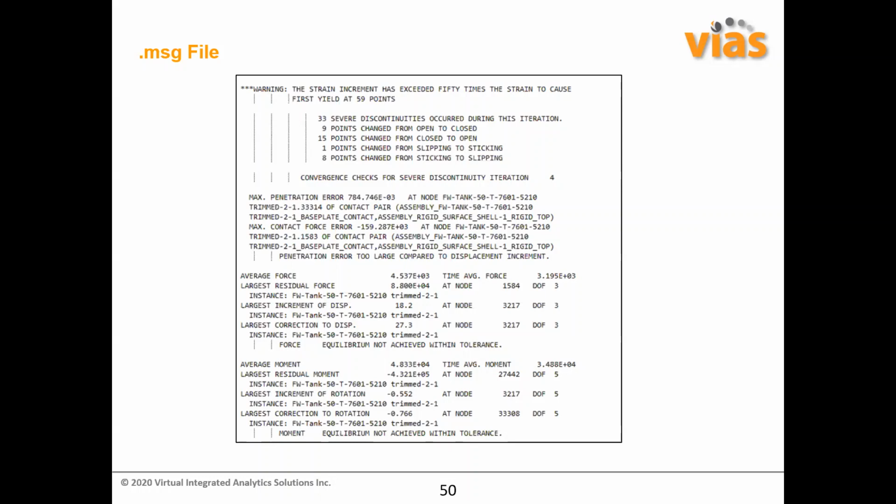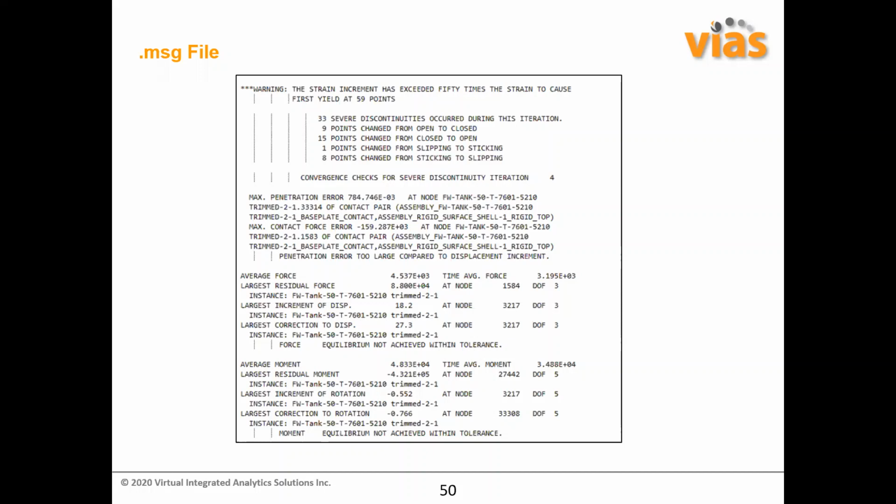The largest residual force is the residual, that I1 that we were talking about. That is the difference, sort of the error between what the actual solution should be and what Abaqus is doing at that moment. If the largest residual force keeps on increasing, then the problem is not converging. As you can see here in the MSG file, force equilibrium not achieved within tolerance.